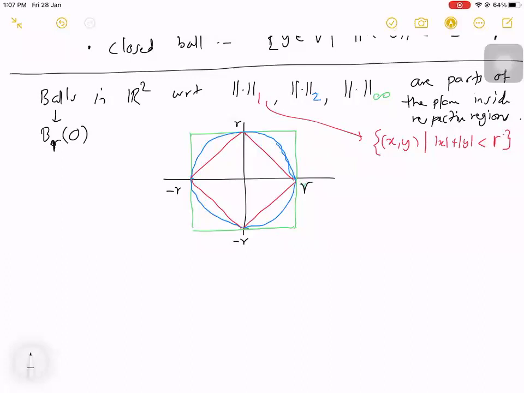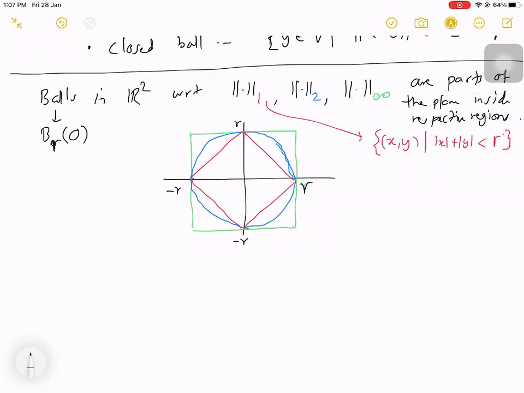The norm being small just means you're in a small circle. No matter how small a circle I draw, the points of my sequence are eventually going to land inside that circle, right? That's what the sequence converging to 0 means.